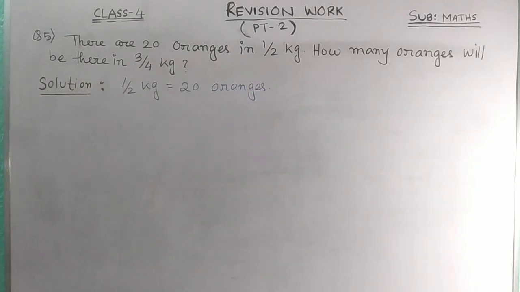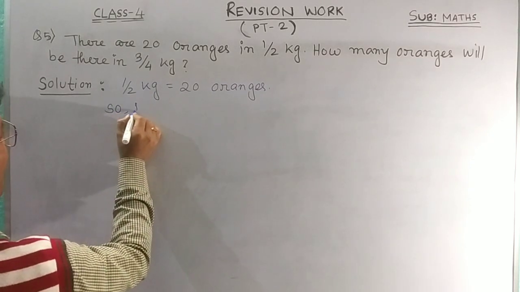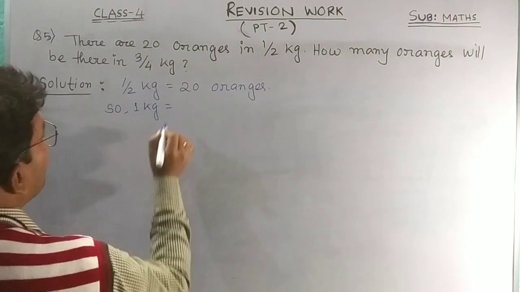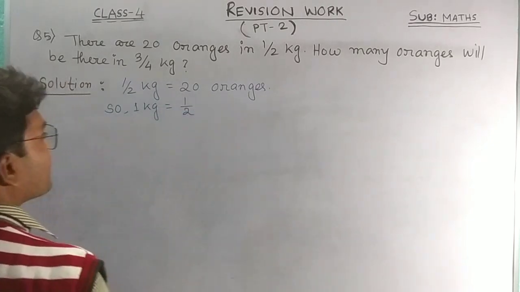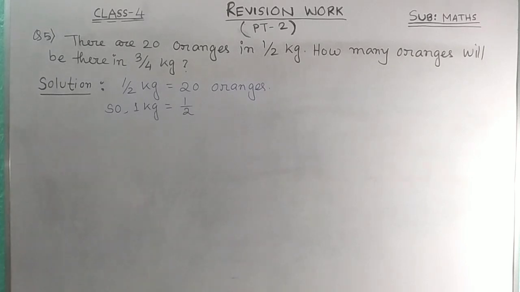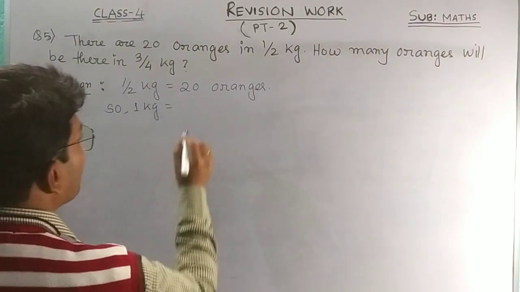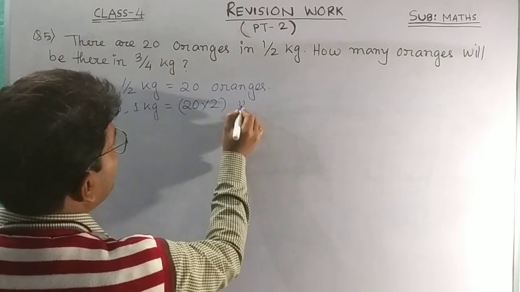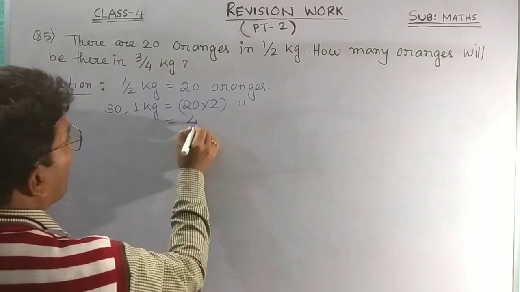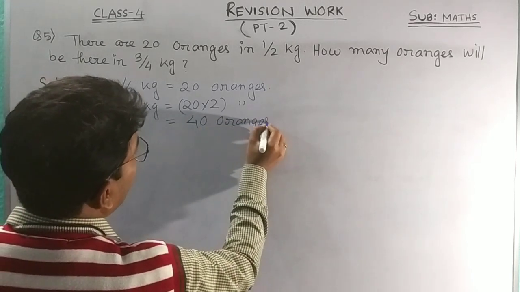Okay. So 1 kg equal to, oh sorry, 1 kg equal to we have to multiply, because from half we have to find out. So 20 multiply 2 oranges, that means 40 oranges.